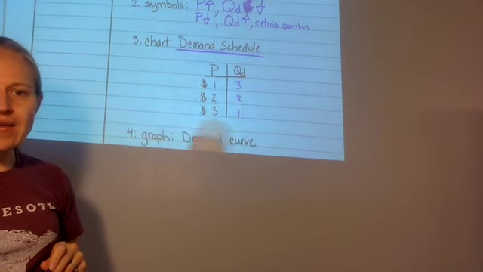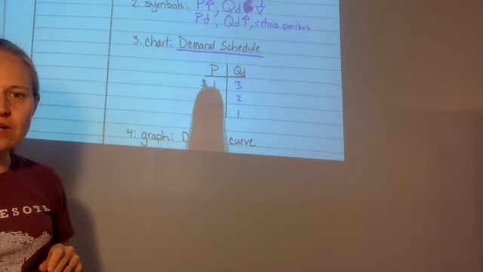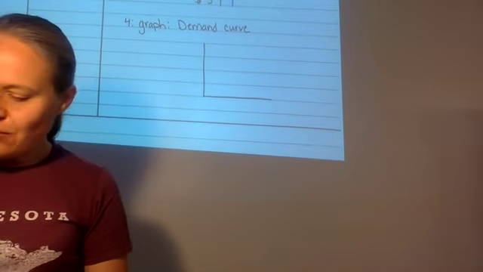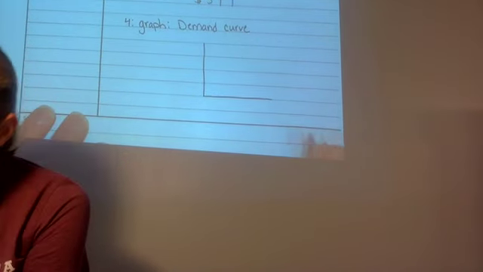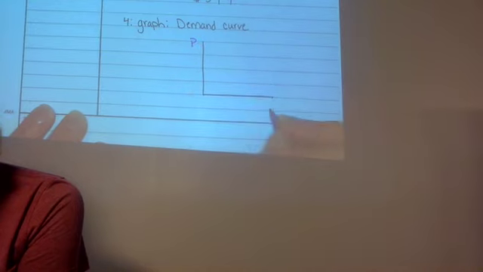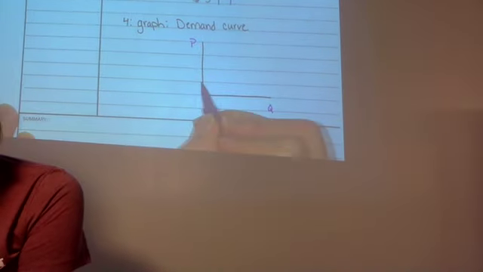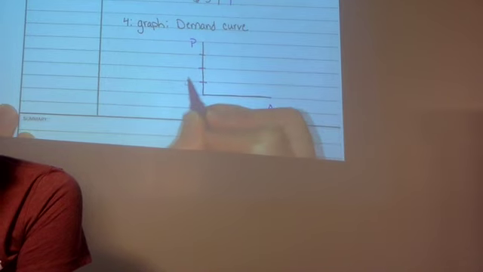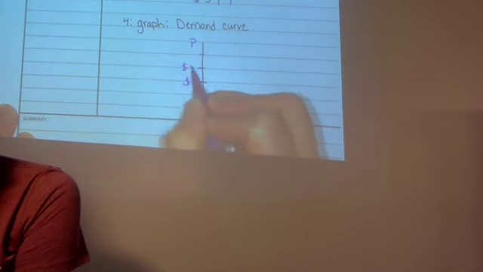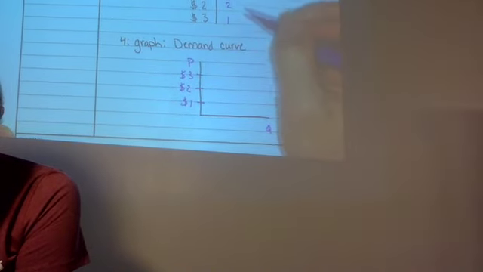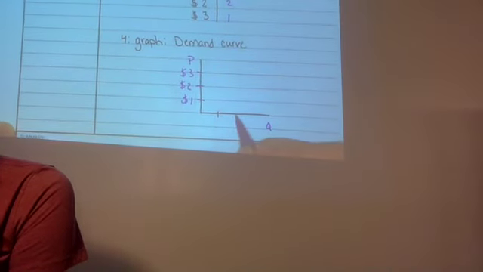And then we can take this schedule and turn it into a graph, which is called a demand curve. So we see our X and Y axes, and here's our price, and here's our quantity. And so we can put in our price of $1, $2, and $3. And our quantity that we're working with above here is 1, 2, and 3, so we'll put that in.